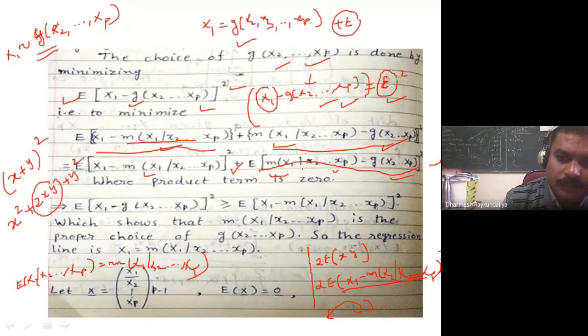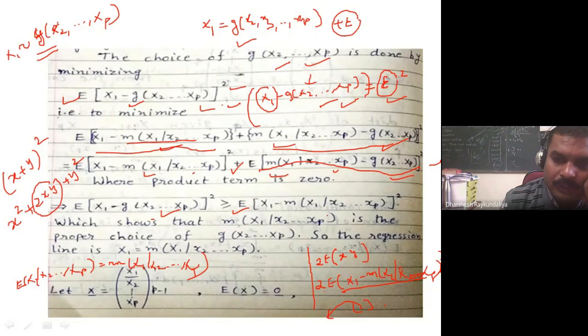So if I remove this quantity, what happens? This quantity is higher than this, and that is what is written: the expectation of (x1 minus g of x2 to xp) whole square is greater than the expectation of (x1 minus m of x1 given x2 to xp) whole square.